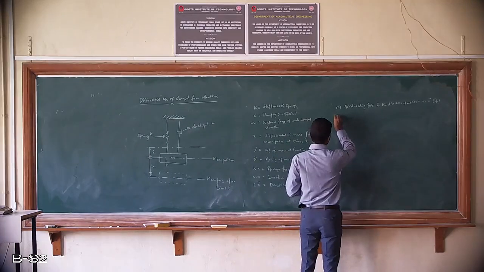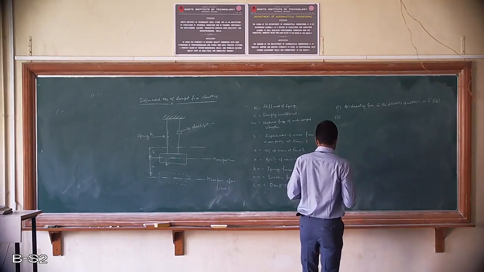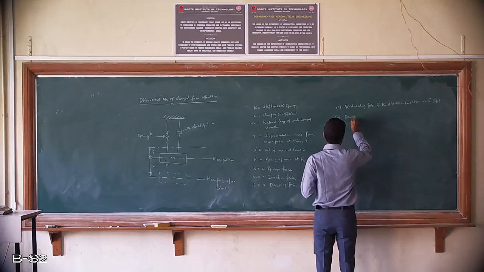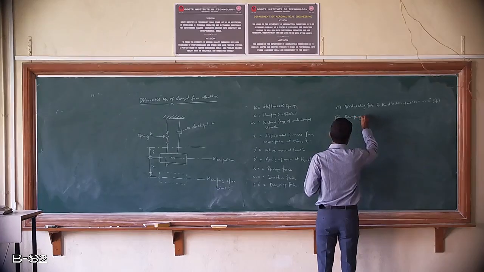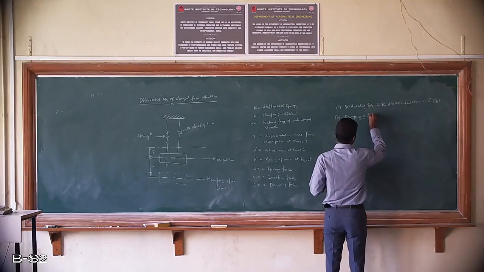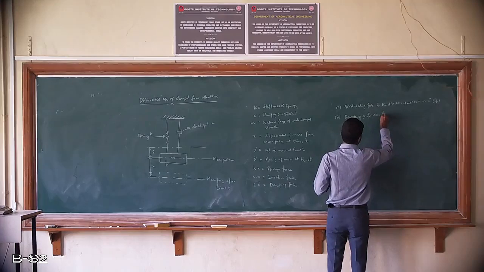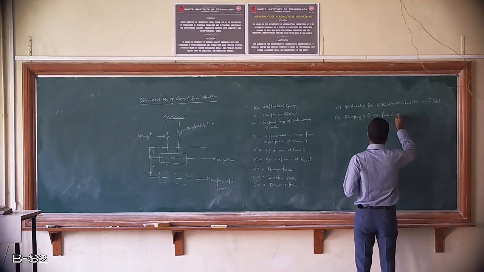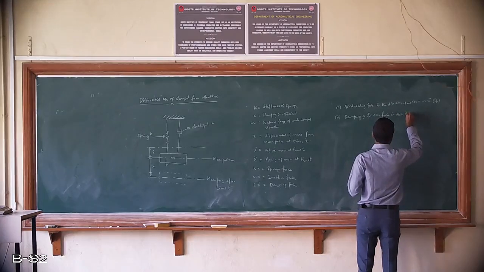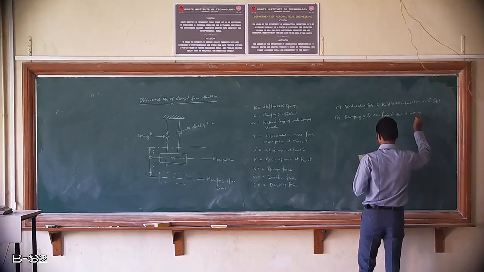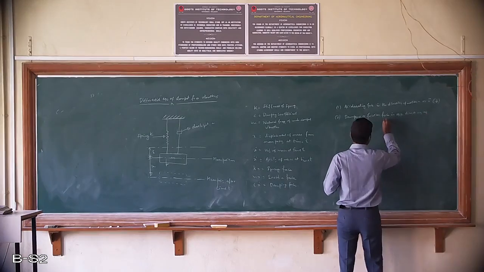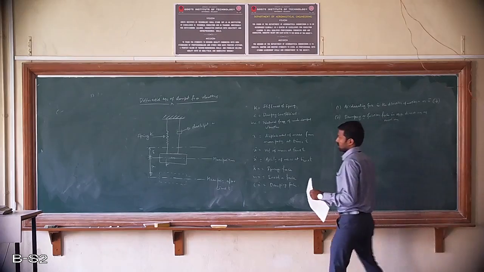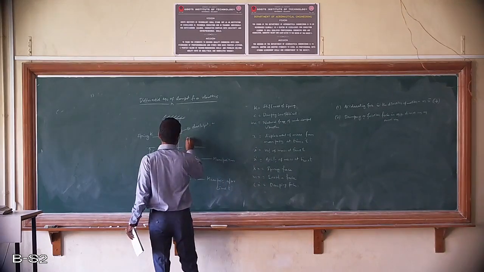The next, second one is the damping or the friction force. The next force acting is the damping or friction force, in the opposite direction of motion, that is nothing but in the upward direction.